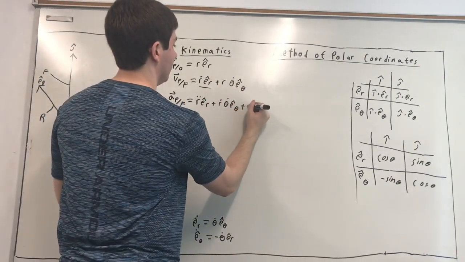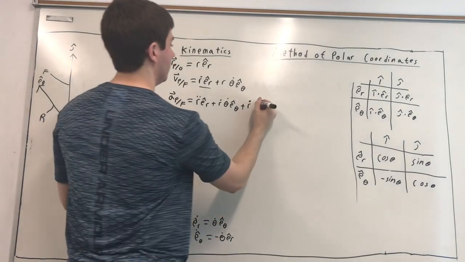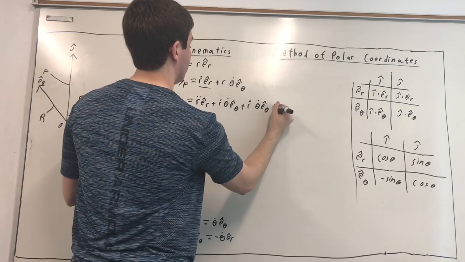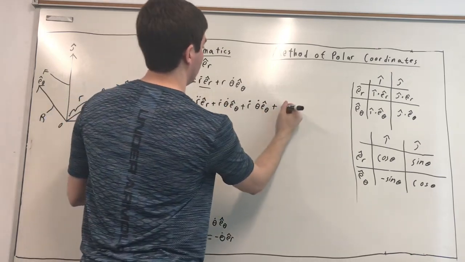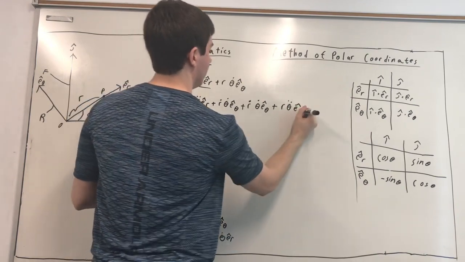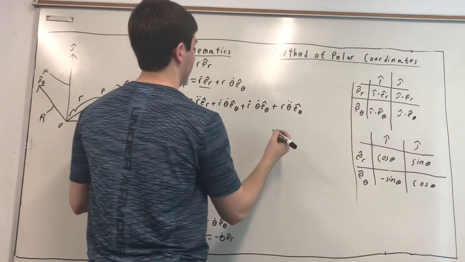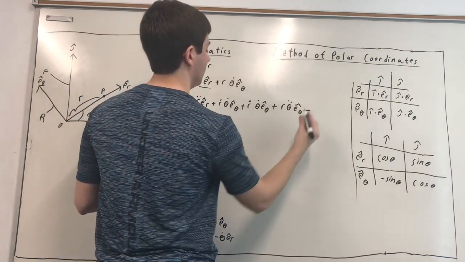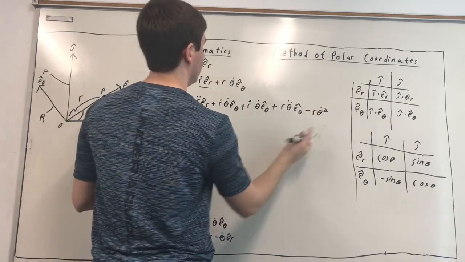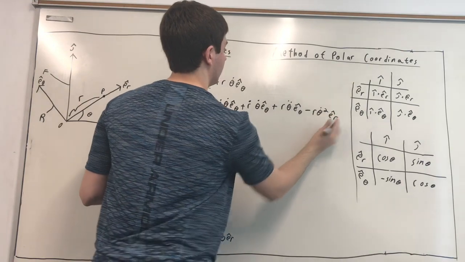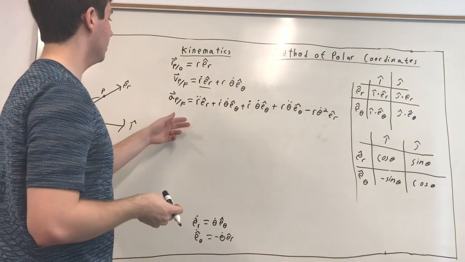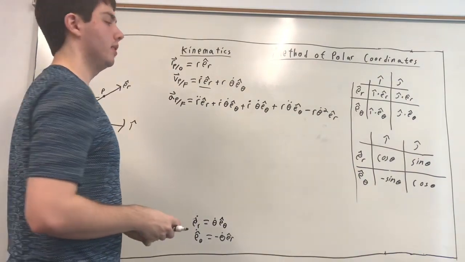Now we have plus r dot theta dot e hat theta plus r theta double dot e hat theta. And now we're going to have a minus r theta dot squared e hat r.